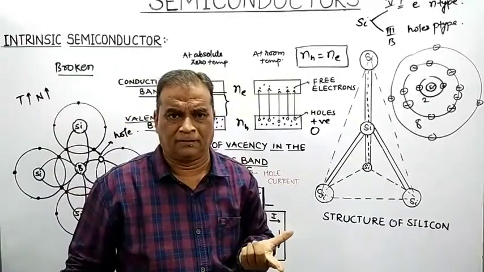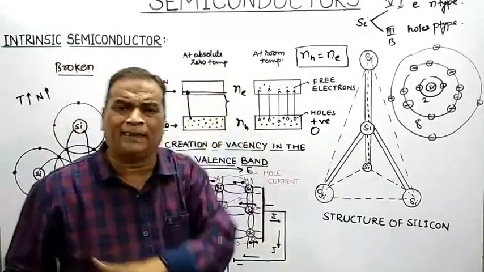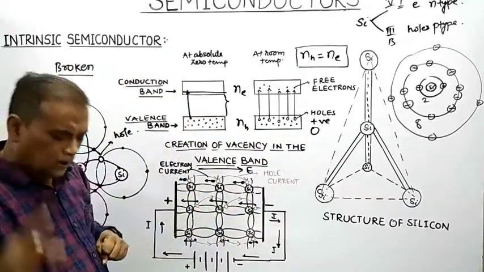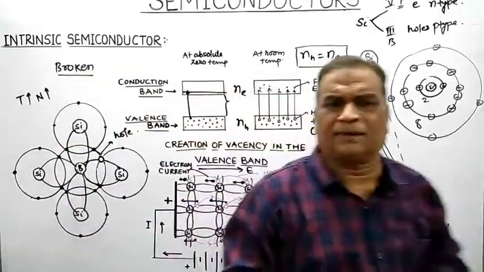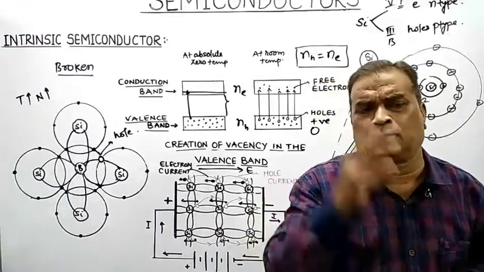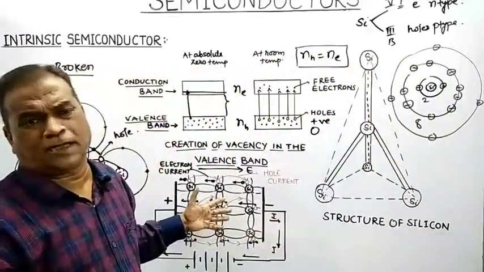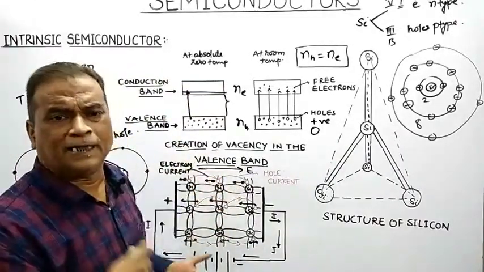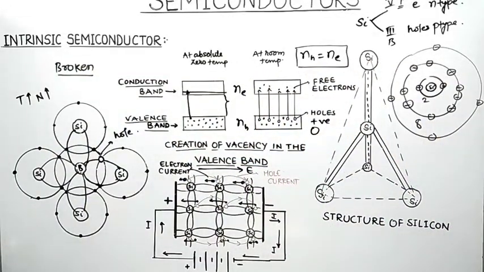There will be a slight increase in the thermal energy of valence electrons due to the application of an external electric field. So in short, remember that an intrinsic semiconductor has electrical conductivity due to two types of charge carriers. It may be positive charge, that is holes, or it may be free electrons, which are negatively charged particles.